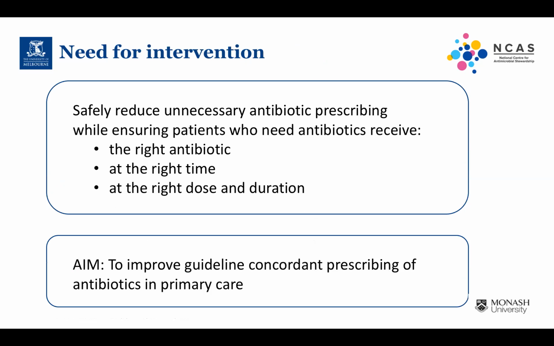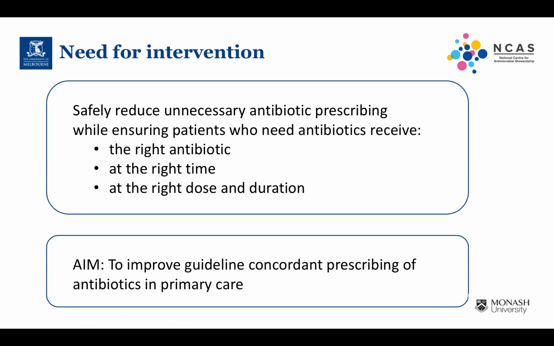So we do need interventions, but we do have to recognise that in reducing antibiotic prescribing, we still need to ensure that patients who need antibiotics get them. And it should be guideline concordant, so they get the right antibiotic at the right time, at the right dose, and for the right duration. That's important because there are a lot of barriers to that as well, which we'll discuss.